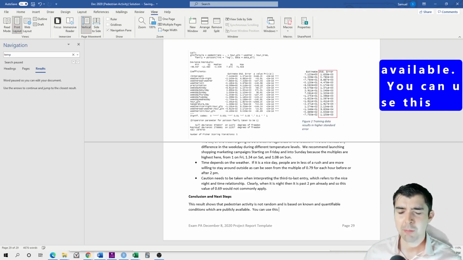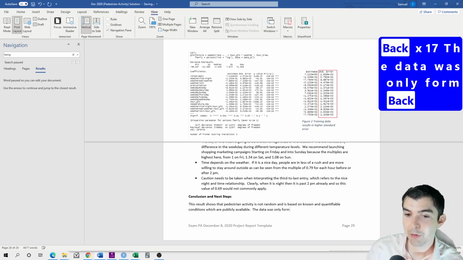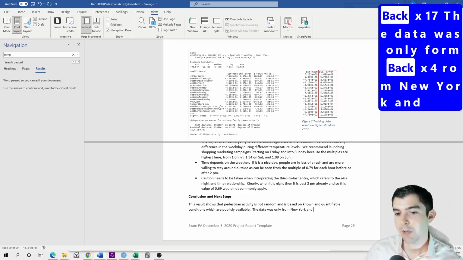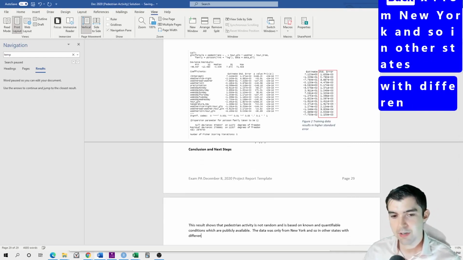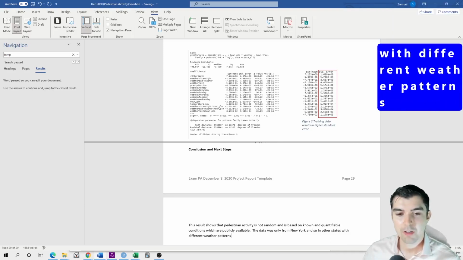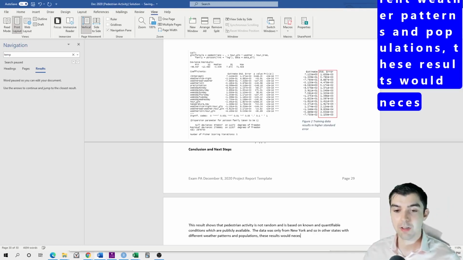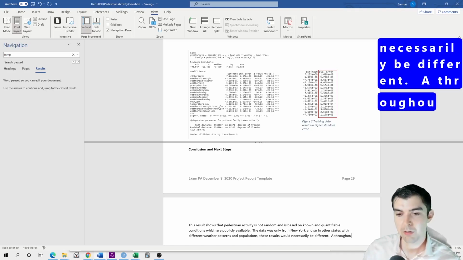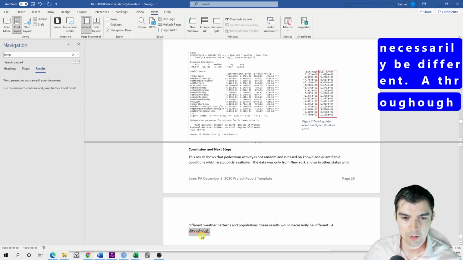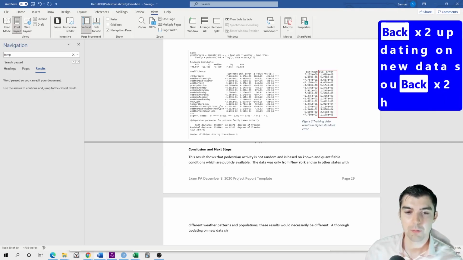So then try to think of as many limitations or constraints as we can. So we know the data was only from New York. And so in other states with different weather patterns and populations, these results would necessarily be different. A thorough re-updating on new data should be conducted.